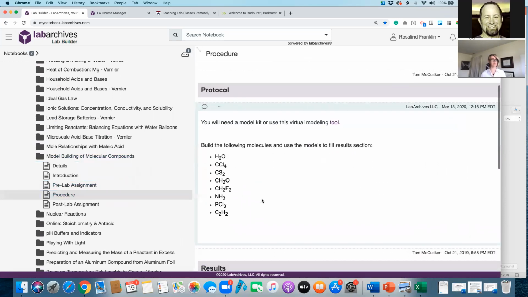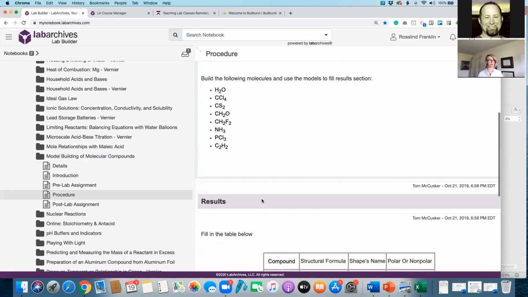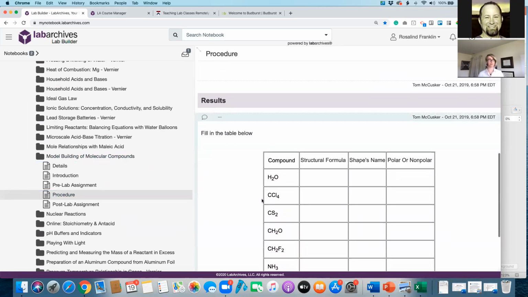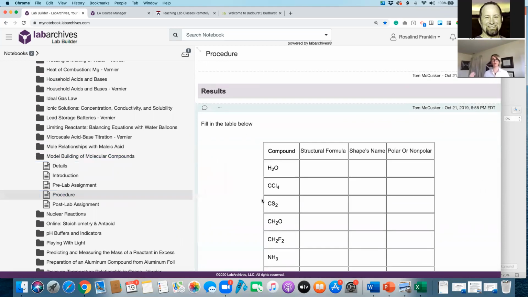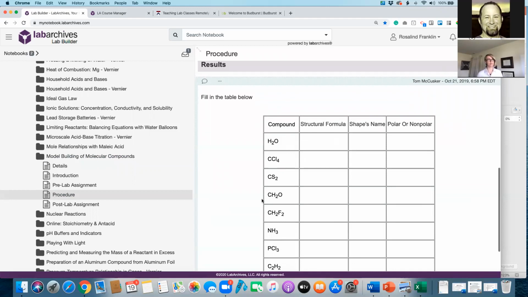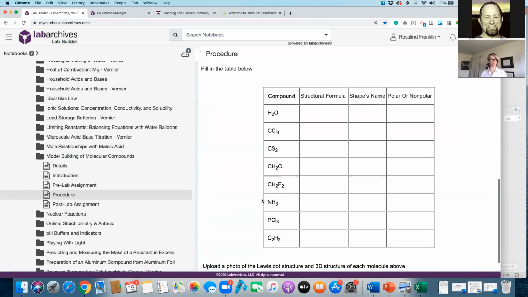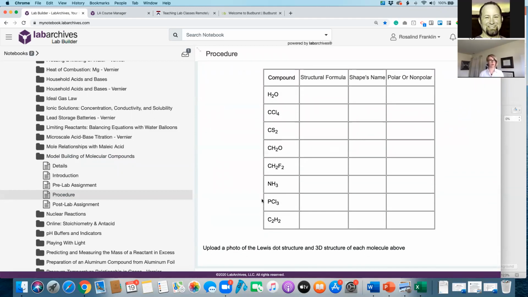This might be too far back in the semester, but if they have a modeling kit, they could do it, they could draw. There's also virtual modeling tools out there. But this is an example where if the student's taking the picture, if they have to put the data in here, the ownership's on them to do the work as well. So that's one example that came not from me, but from a college professor.